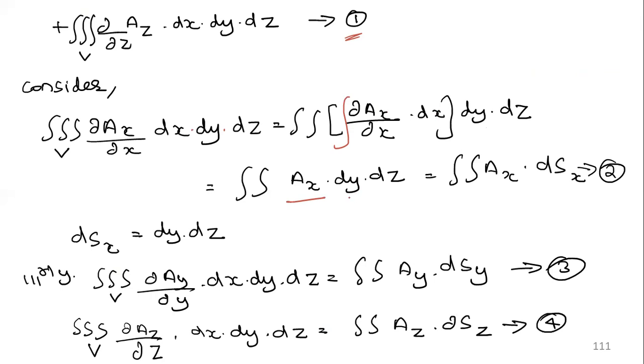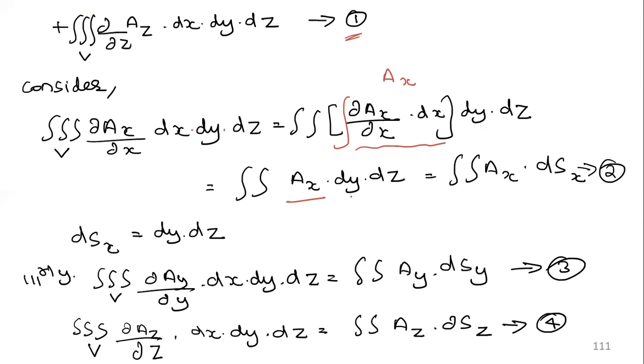Okay. If you have a doubt about how we wrote ax, just ask me. This is basics you are studying. So this becomes the double integral of ax dy dz. We know that dy into dz is a differential surface.